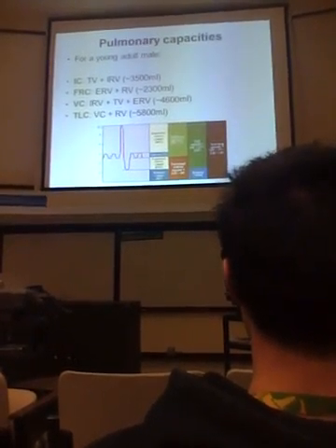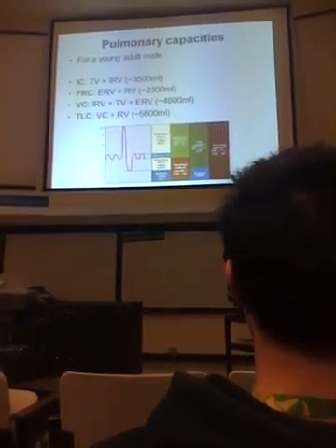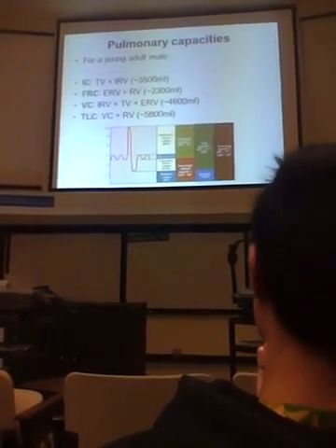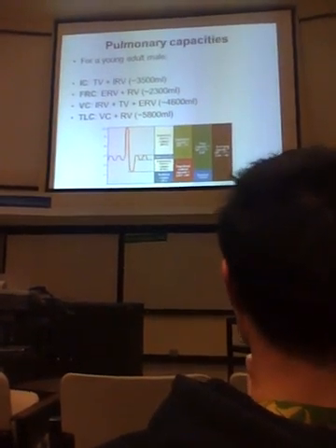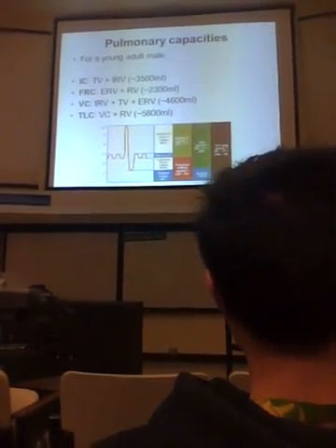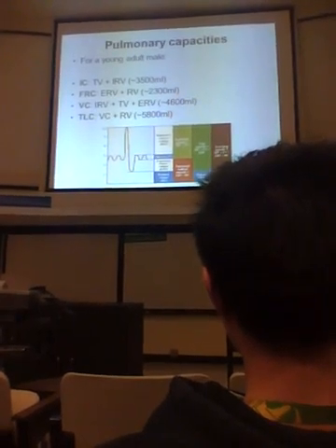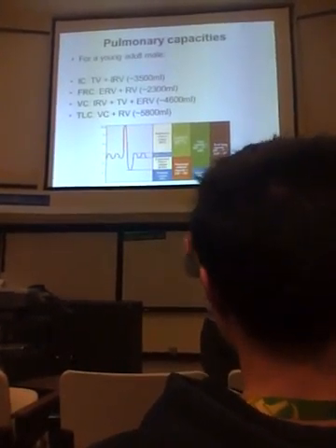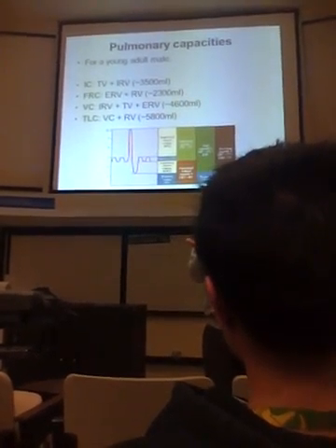So you give somebody a known amount of an inert gas like helium to breathe in. They breathe it in, and then they breathe out, and you measure the concentration of helium in the air that you breathe out.